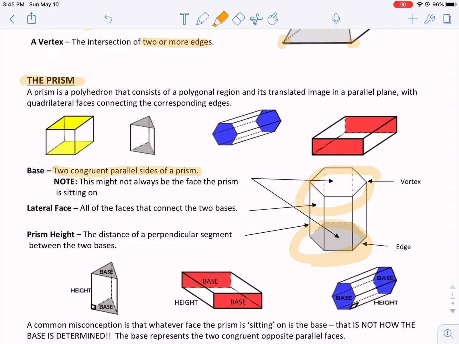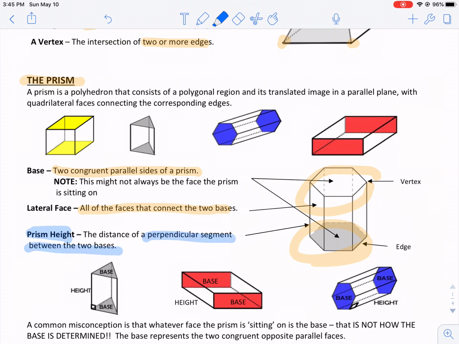All right. The lateral faces are basically the faces or the sides that connect the two bases. Almost all of our normal ones will have rectangles for their lateral faces. In a second, we'll talk about what happens if they're not rectangles and they're parallelograms instead. Then we have what is known as the height of a prism, and that's just the distance of a perpendicular segment between the two bases.